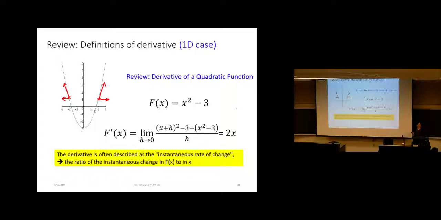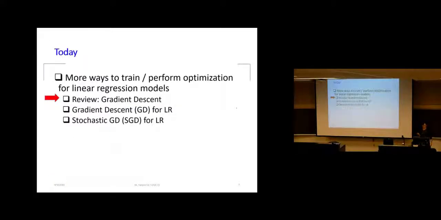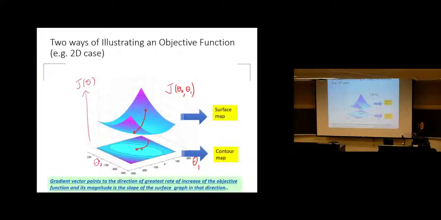So let's see the 2D case. To understand the multidimensional case, we need to explain something. Whenever there's an objective function, there are two different ways to visualize it. The first way we call the surface map. In this case, there are two-dimensional inputs, and you have a y.